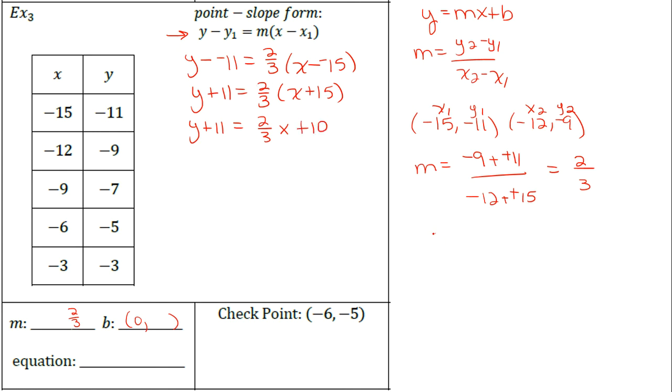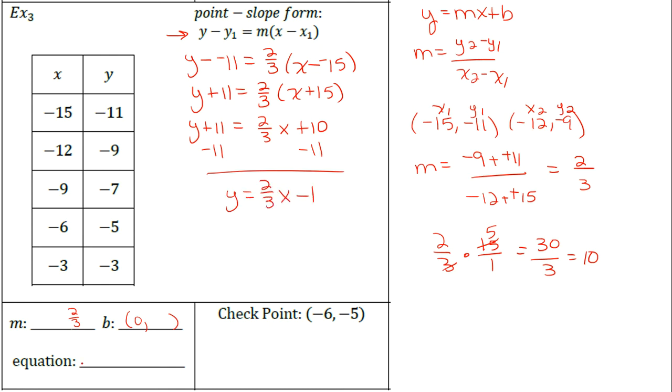If you need to see that, it's 2/3 times 15, and then we have 30 over 3, which is 10. Or you could see that 3 divides into 15, 5, and 2 times 5 is 10. Now let's get the y by itself. We have y equals 2 over 3 times x minus 1. So our y-intercept is -1.